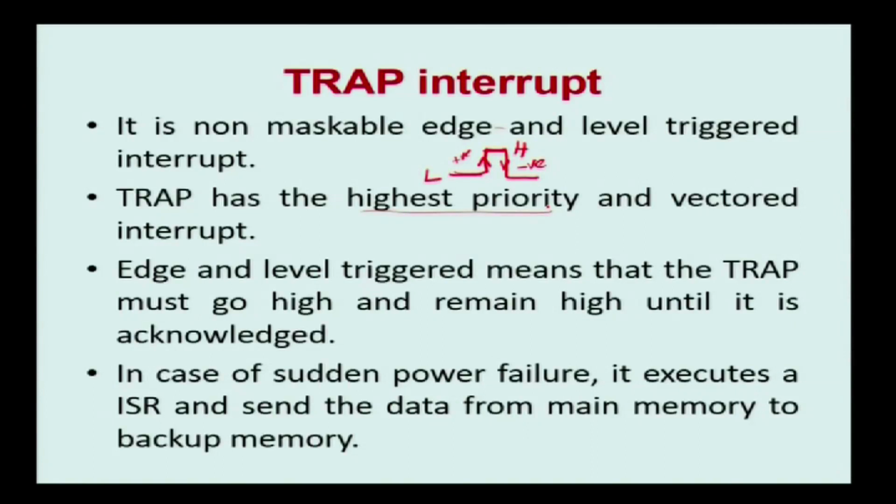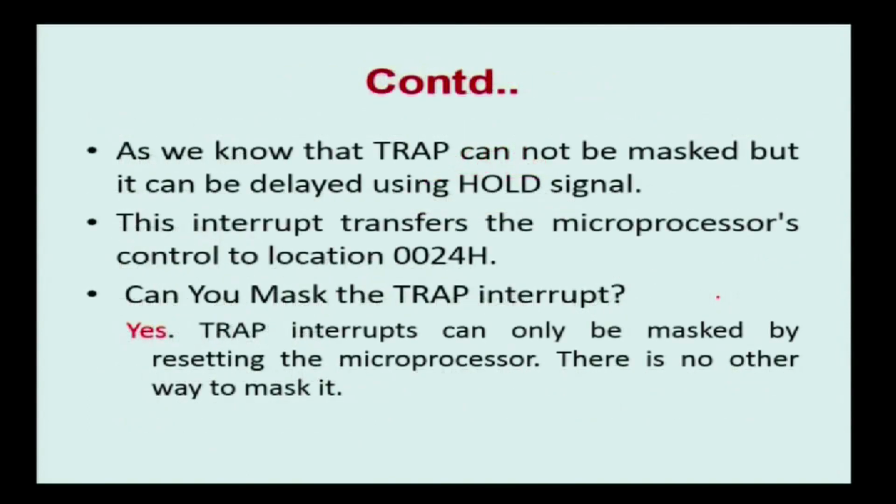So, what is the meaning of edge and level triggered interrupt? Trap must go high, then remain high until it is acknowledged. So, this interrupt is mainly used for sudden power failure. It executes the ISR and sends the data from the main memory to back up the data. We know that the trap cannot be masked, but can be delayed by using the hold signal, because what we said, it is a non-maskable interrupt.